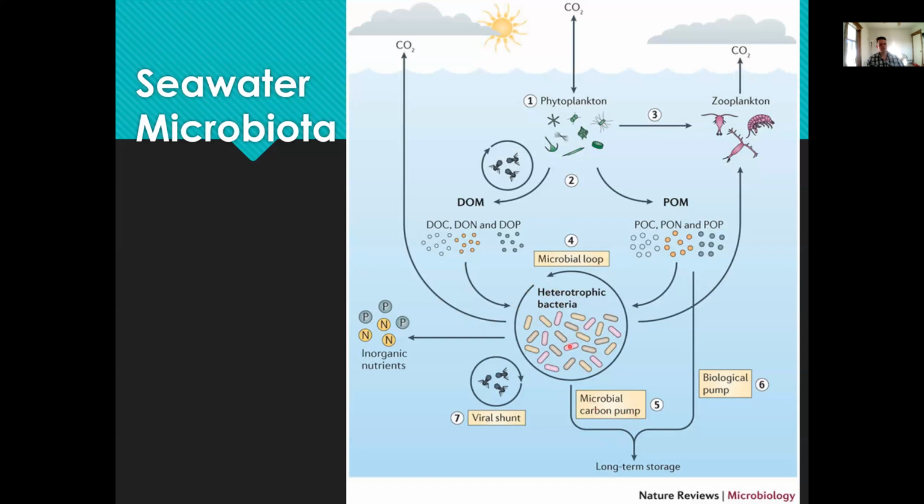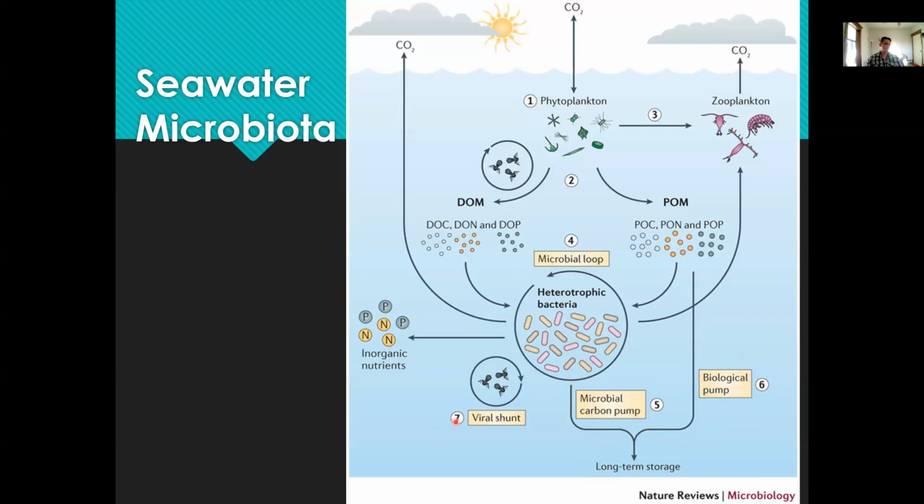So essentially the microbes in this loop have now taken all the energy they can from these bonds, and this is the carbon that remains, the recalcitrant carbon that they cannot break down. The microbial carbon pump is just the fraction of this long-term storage carbon that stems from the microbial loop, whereas the biological pump is exactly the same thing, it just skips the microbial loop. So it's also recalcitrant organic matter that cannot be utilized anymore.